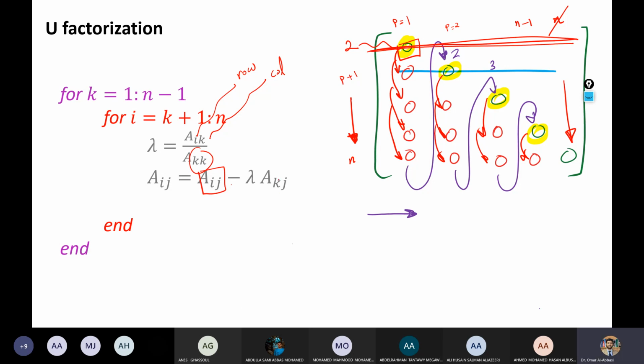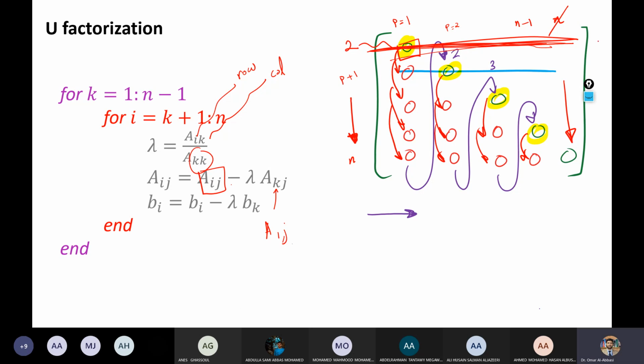This is like saying A_IJ, meaning the whole row, the whole equation, all the columns, all the elements of that equation. Okay?